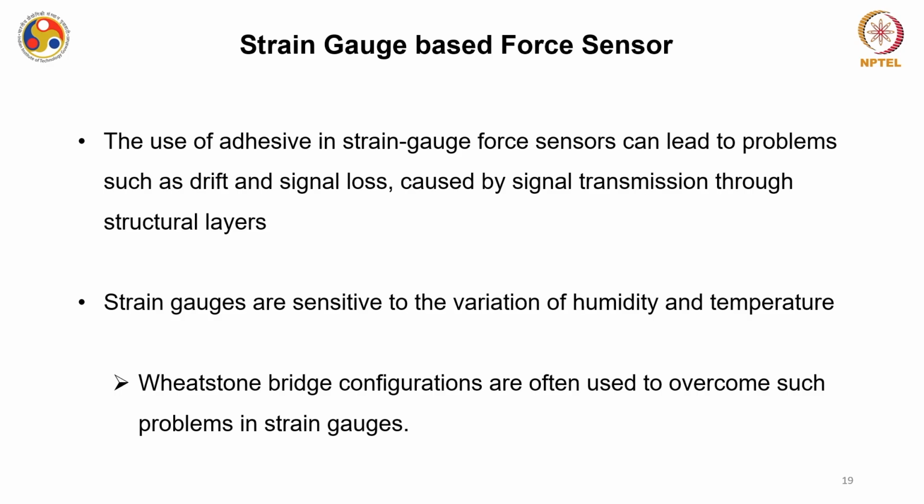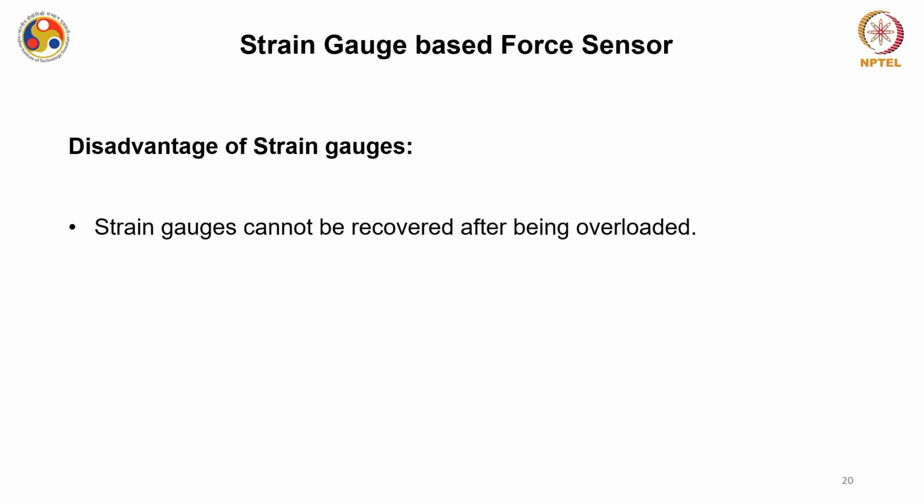So, the delta L that you have seen is not only because of the strain or force applied, it can be due to changing ambient parameters, particularly humidity and temperature. Wheatstone bridge configurations, as I have just mentioned, are often used to overcome such problems in strain gauges.